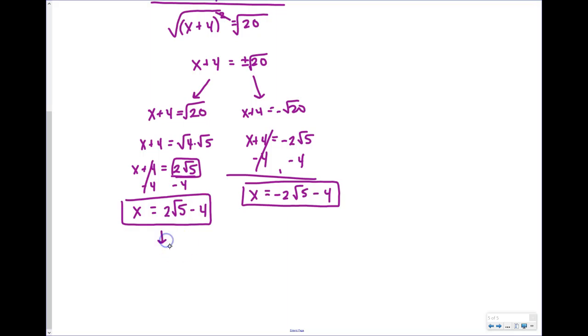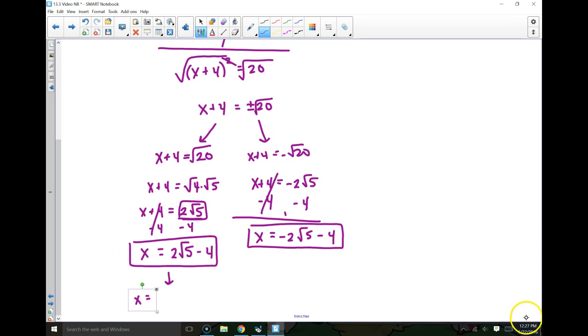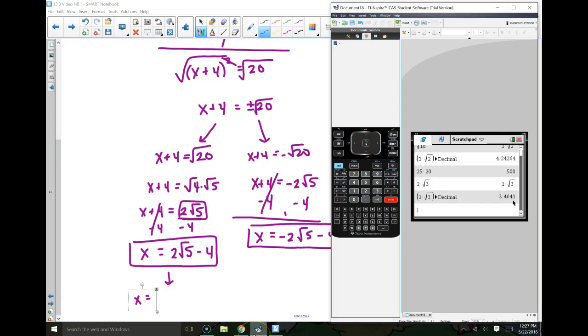Now I have to convert to a decimal. So to do this, I'm going to go to my calculator. Okay, and I'm going to type in control square root 5, move my cursor over 1 so I don't get a thing under the radical, minus 4. So that's what I put into my calculator. Oh, I forgot the 2. Alright, sorry.